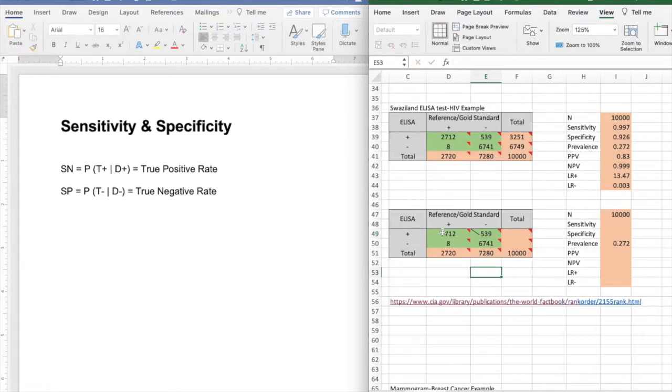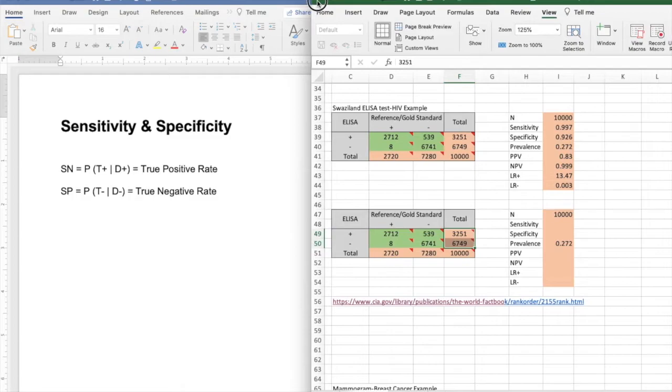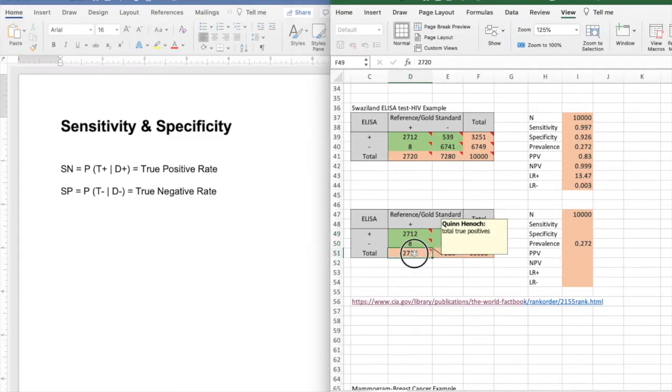And then we just add across here for this total, 3251, add across here, 6749. This adds up to 10,000. Had to make sure there.